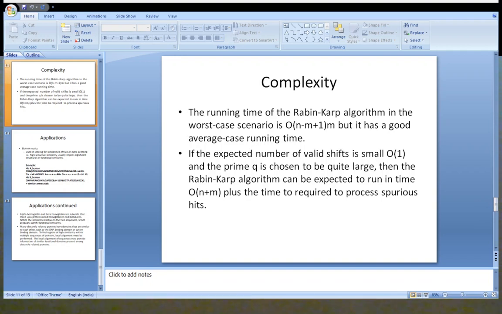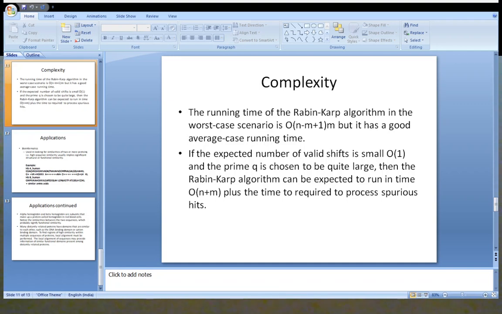But it has a good average case running time, because generally we do not perform one-to-one matching at every position, but only where the corresponding hash values are the same. So the average case running time is much better than the worst case.